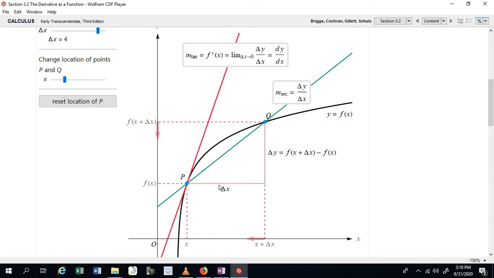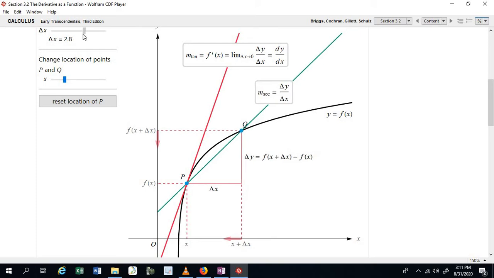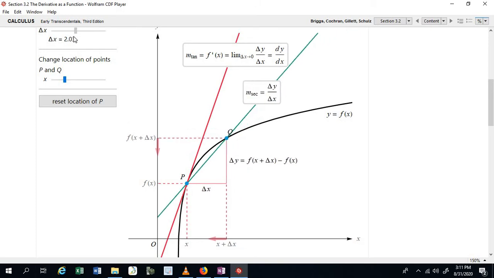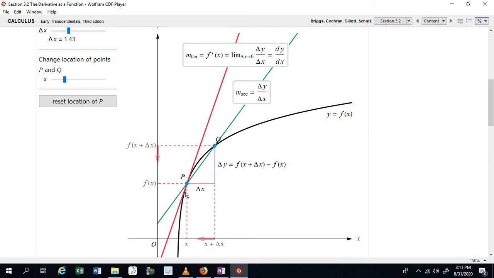This distance here approaches 0. And so you can see the secant lines, as delta x is going towards 0, are approaching that tangent line at P. And of course the slopes of the secant lines are also approaching the slope of this tangent line.